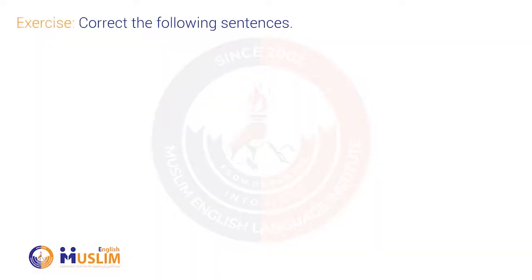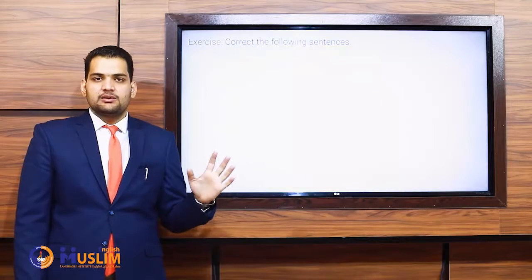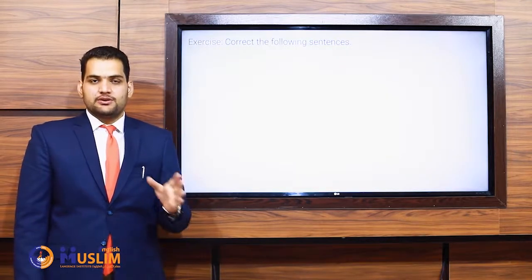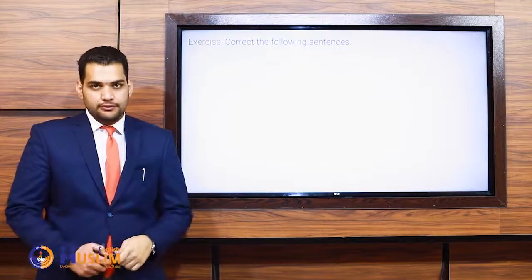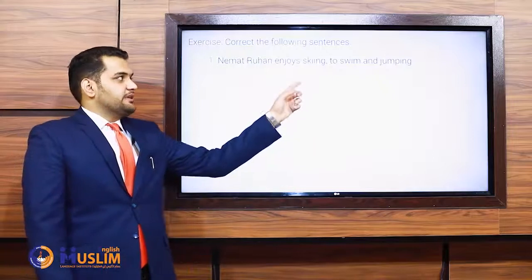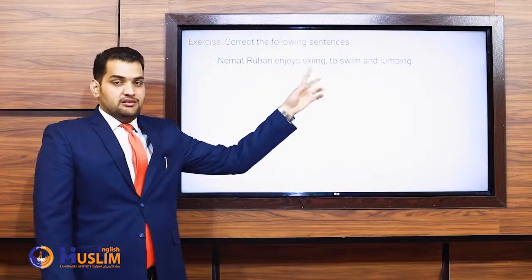Now let's do an exercise. Correct the following sentences. In the following five sentences, we have got mistakes, and you have to correct them according to parallel structure rules. Number one, let me do it. Nemat Rohan enjoys skiing, to swim, and jumping. If you see here, we have skiing and jumping on both the sides.